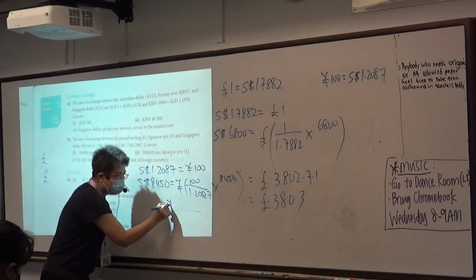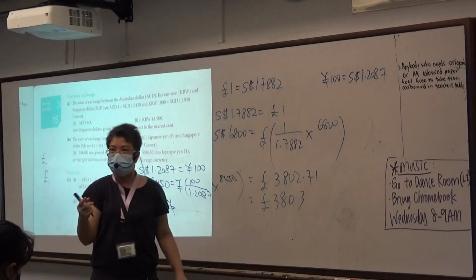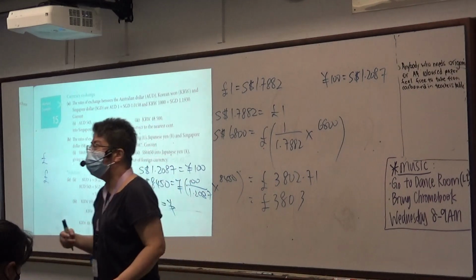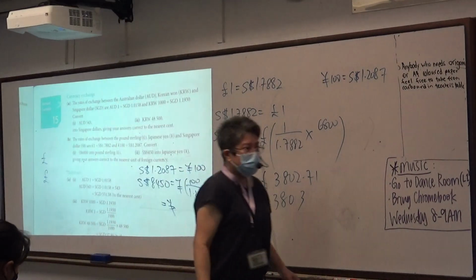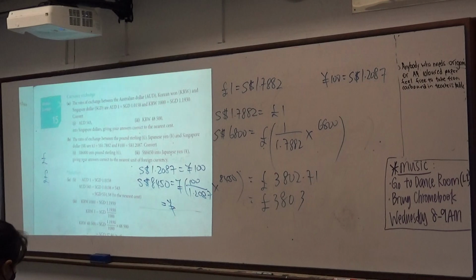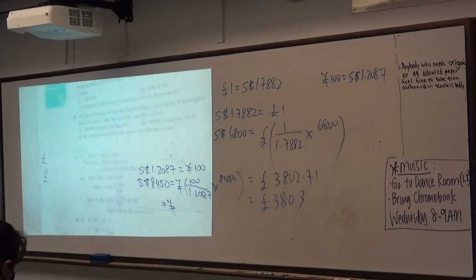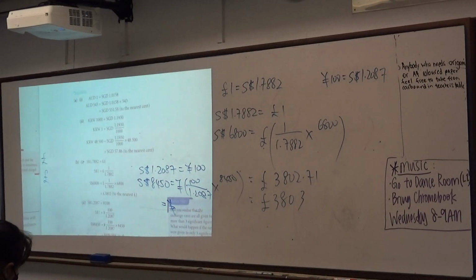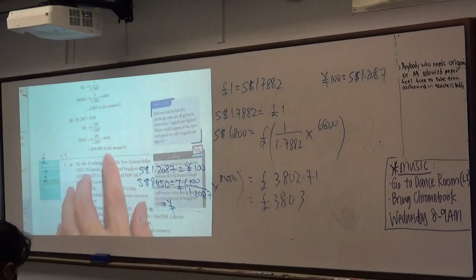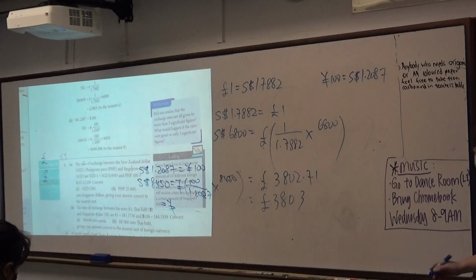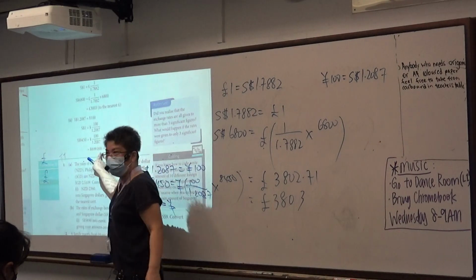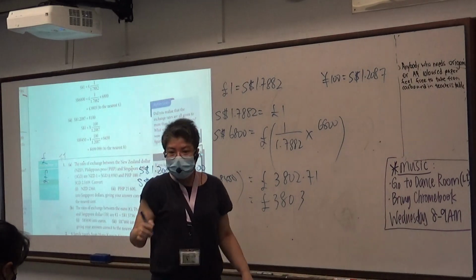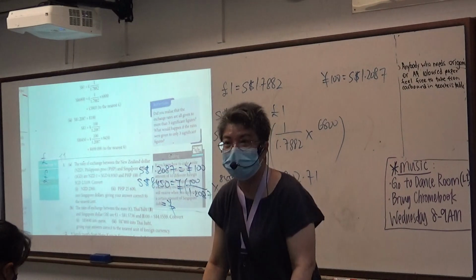Then you can get the answer. I don't think I need to work out the answer. You can key it in. And they want it to the nearest yen, nearest whole number, it will be 69909. Is that understood? I'm giving you the working so that you can get the answer.